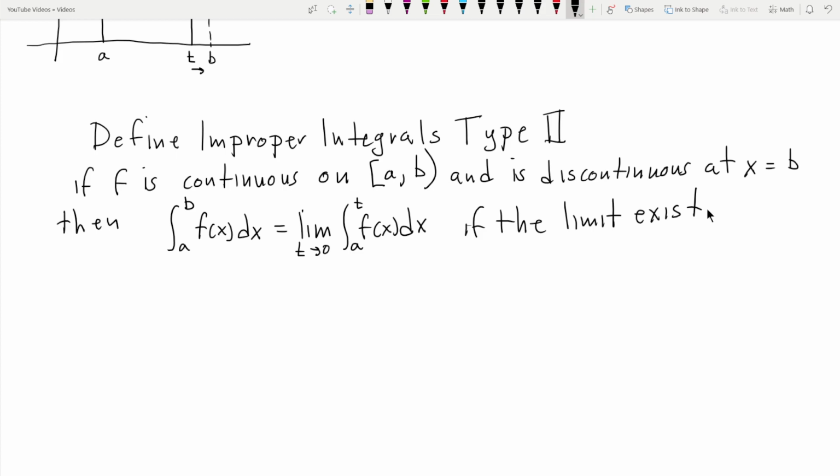If it doesn't exist, then the definite integral diverges. All right, so that's the first case. The t approaches b from the left, sorry.